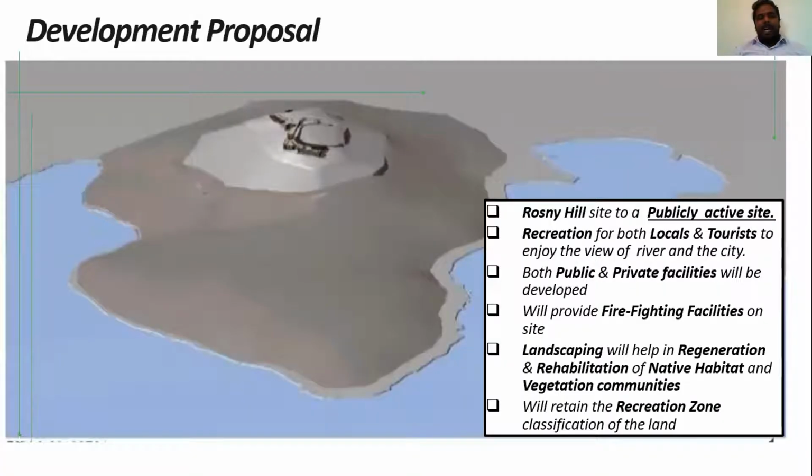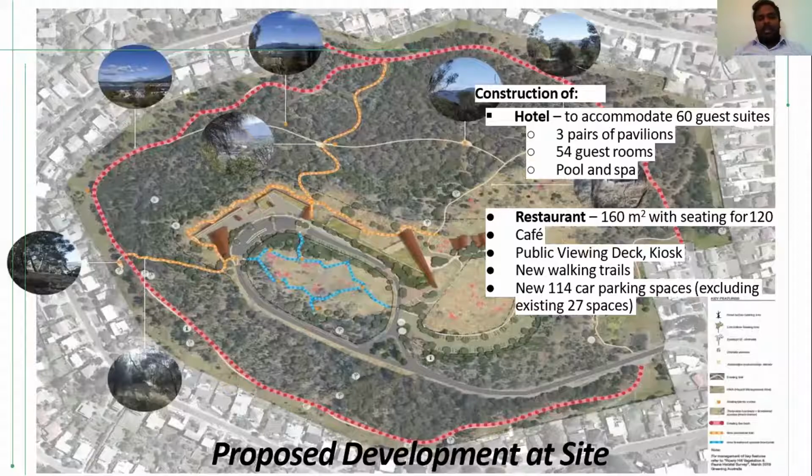It is a public activity and also a recreational place. Both public and private facilities will be developed in this location. The development consists of a hotel, restaurant, cafe, public view deck, walking trail, and also includes 114 car parking spaces.